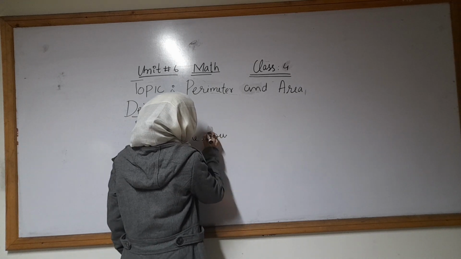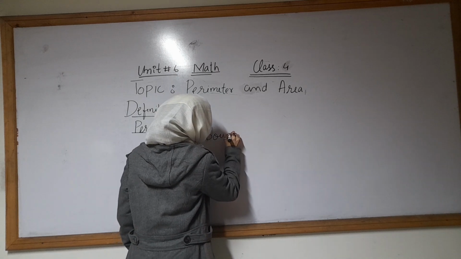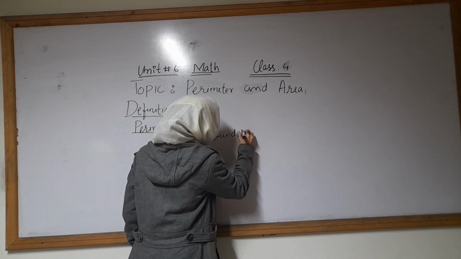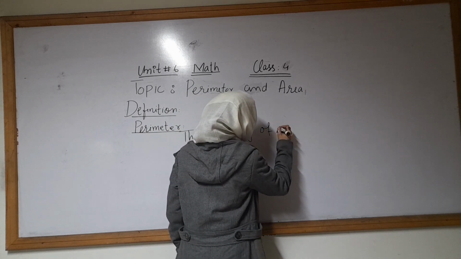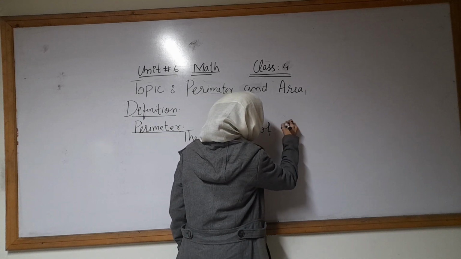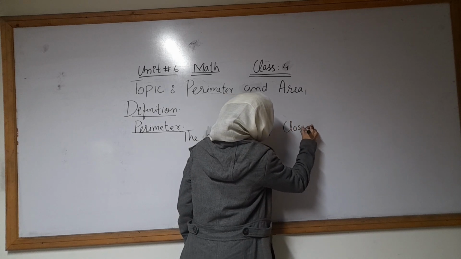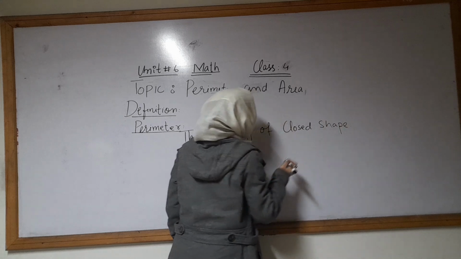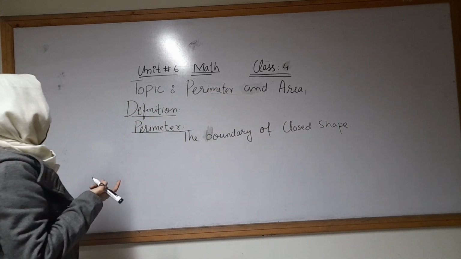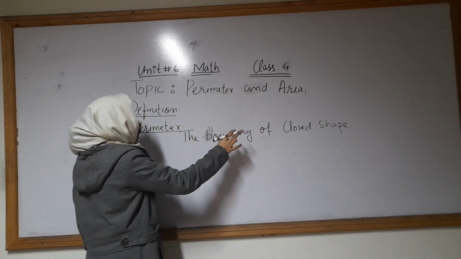Perimeter is the boundary of the closed shape. So what is the perimeter? Perimeter is the boundary of the closed shape.